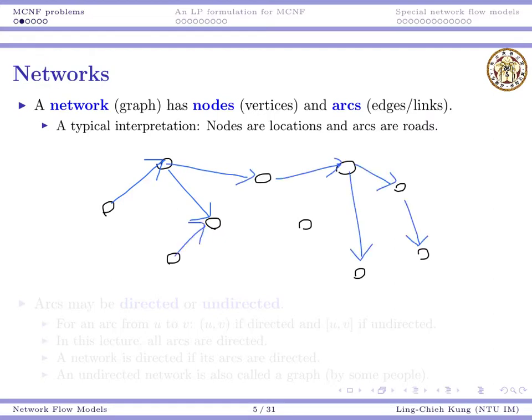In general, arcs may intersect with each other, and let's treat it as two separated arcs. Okay, so the network can actually be very complicated, but in general, they are just a collection of nodes and arcs.